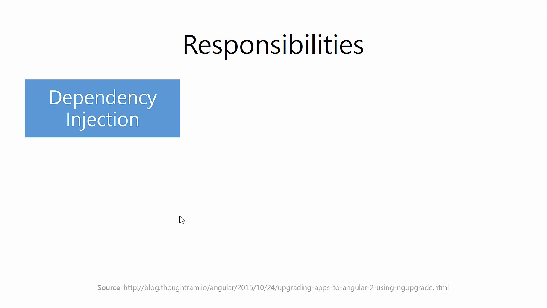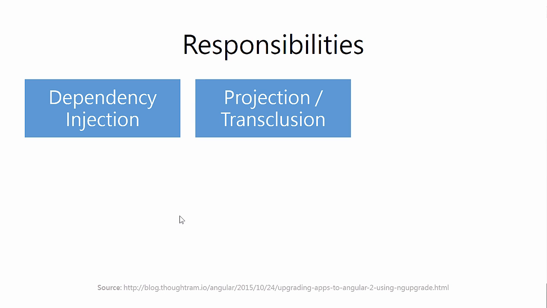But when you implement a component and it asks for something as a dependency, it'll just say, hey, I need XYZ service. Well, the upgrade adapter will have all of the different components registered in it for the dependency injection. And so no matter what framework is asking for a component, it'll know where to find it and will be able to provide the instance of that component.